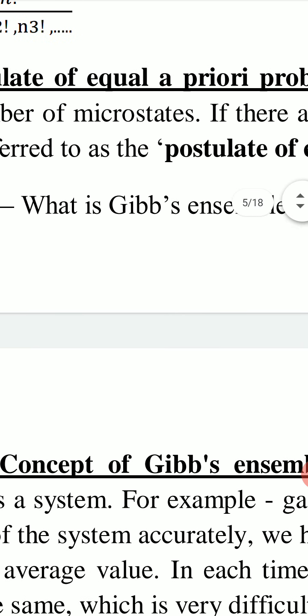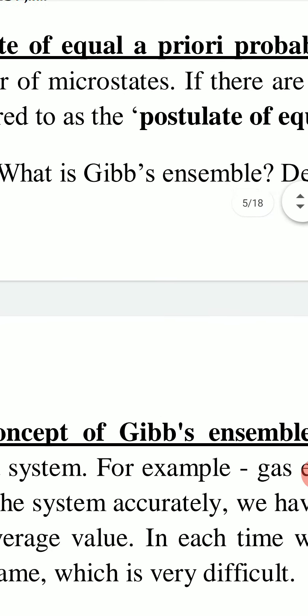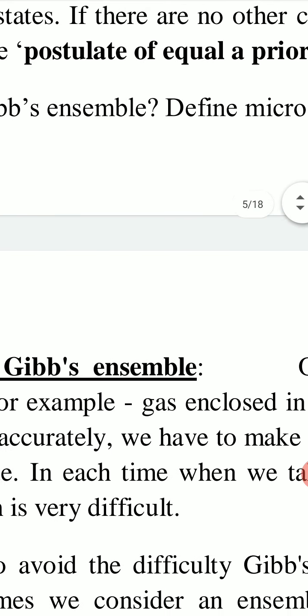So if we have a given macrostate, there are a large number of microstates corresponding to this macrostate, and the probability of each microstate will be the same. This is referred to as the postulate of equal a priori probabilities.